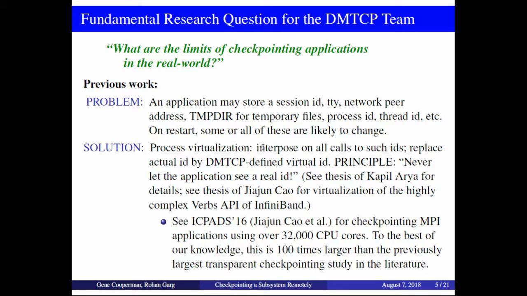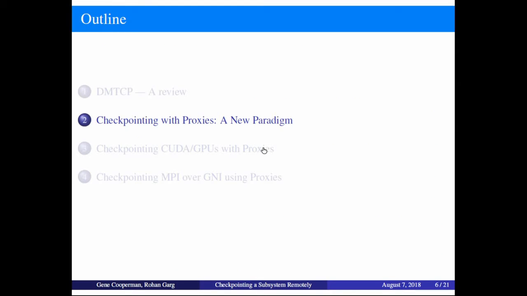And then, of course, we demonstrated, with a variety of authors, including authors from this lab here, the MANA team, how to checkpoint over 32,000 cores. To the best of our knowledge, that's still 100 times larger than anything else that exists in the literature in terms of transparent checkpointing. Okay, so now let's talk more about the future.